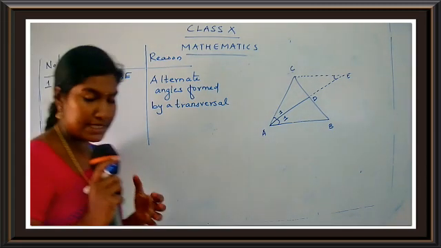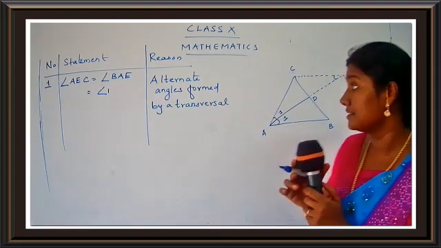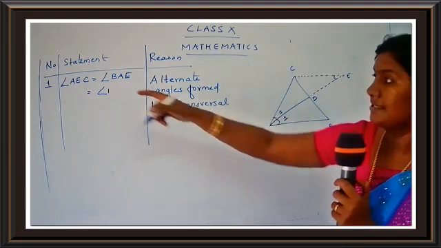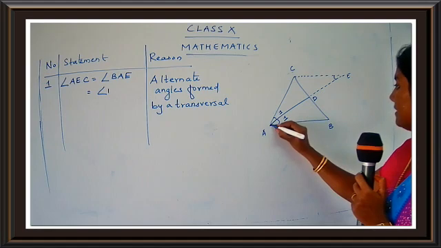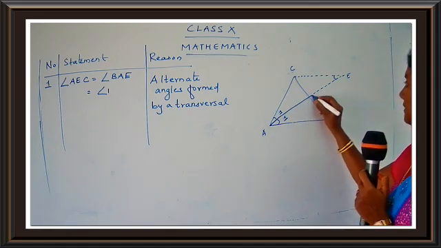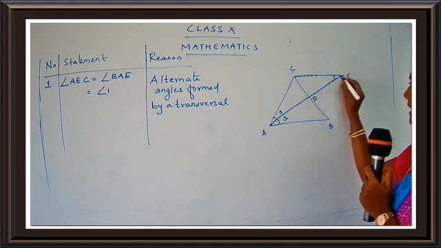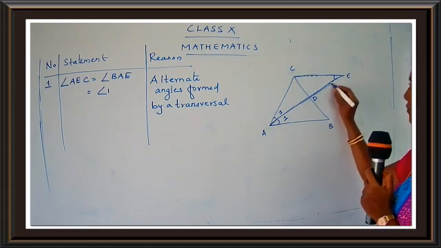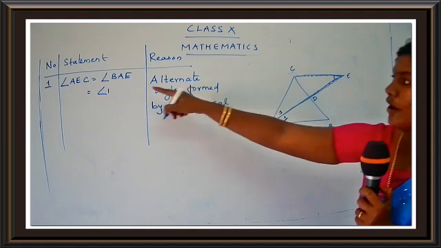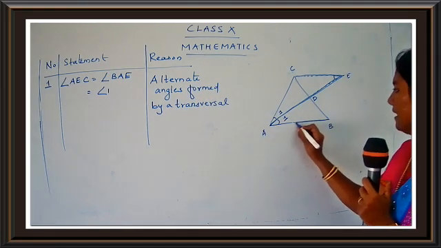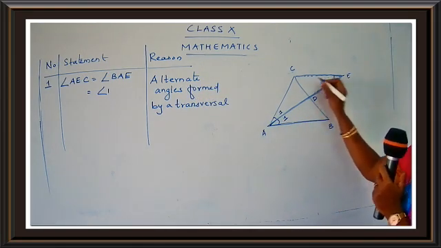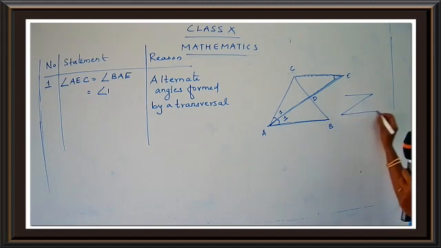Yes, children, we have just seen in our lower classes about the different angles. Just see the angles carefully. A, E, C. Okay, this is one angle. And you have to take B, A, E. Just see the shape, children.